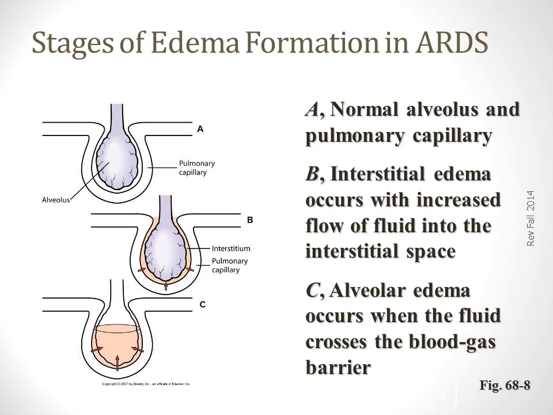In figure B, when we talked about sepsis, we talked about the inflammatory response, the mast cells releasing histamine. When the mast cells release histamine, they cause gaps in the vascular wall. And when they cause those gaps, we are allowing protein-rich or albumin-rich fluid to leak out of the pulmonary capillary space, and it leaks into the interstitial space.